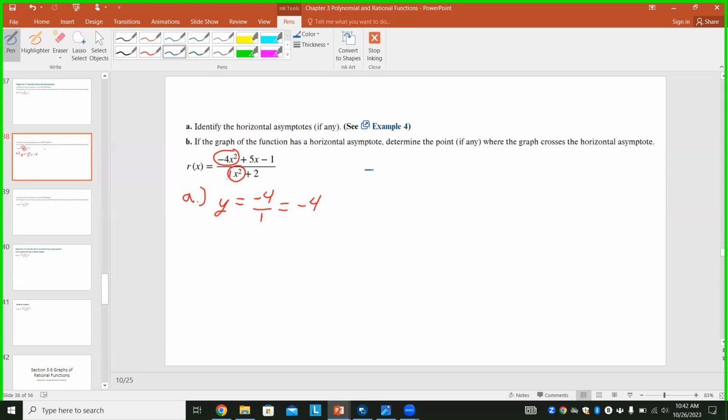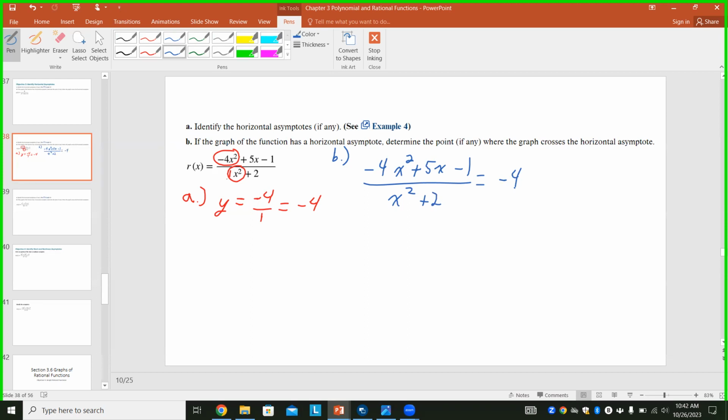All right, so here we go. This is part B. We get (-4x squared plus 5x minus 1) all divided by (x squared plus 2) equals -4. To solve rational equations, the best thing to do is cross multiply.